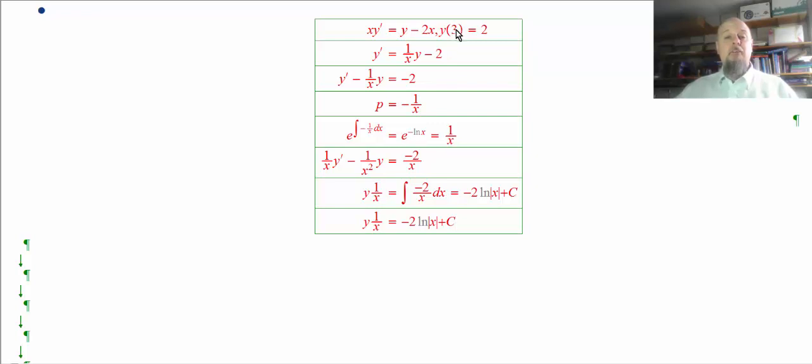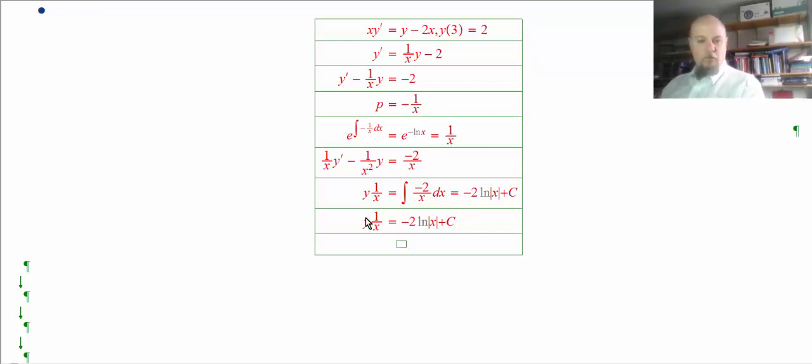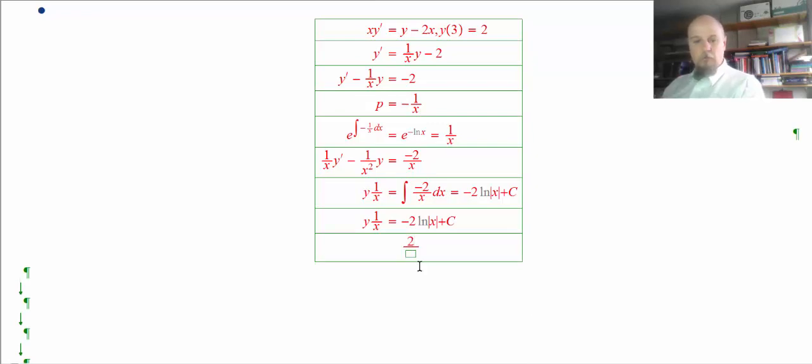I'm going to make x equal to 3 and y equal to 2 in order to solve for the c. So if I make x equal to 3 and y equal to 2, that means that c is equal to, just move that minus 2 ln 3 over to the other side.